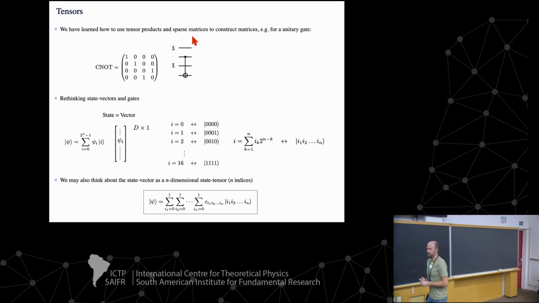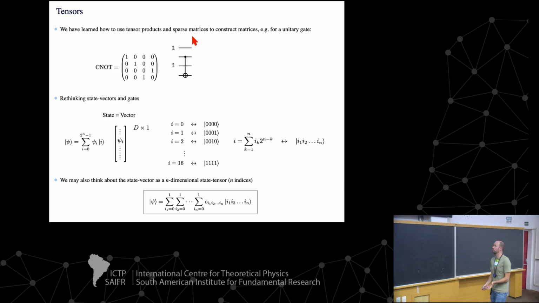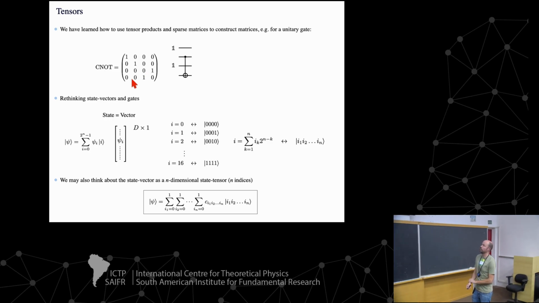Right, and then if you open a book like Nielsen and Chuang on quantum computing, then you see quantum gates. And quantum gates are usually written as this 4x4 matrix. This is sort of an entangling gate, the controlled NOT gate. And it's a 4x4 matrix because it acts on 2 qubits out of these 4 qubits.